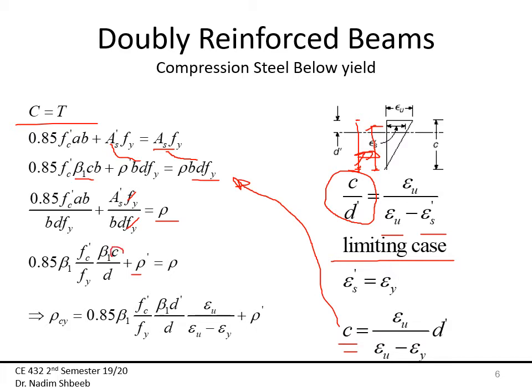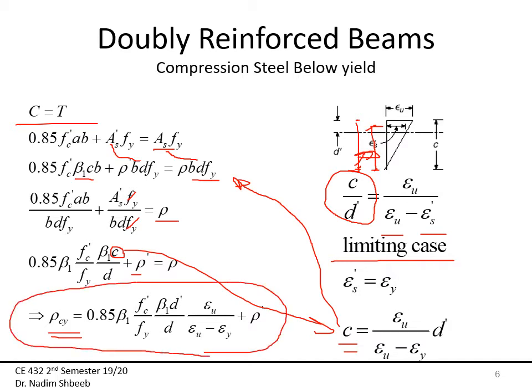Now replace this c with that, and then my rho cy, or my compression yield, is going to be 0.85 beta 1 times f prime c over fy, and this is my rho cy that will tell me if my compression steel is going to yield.